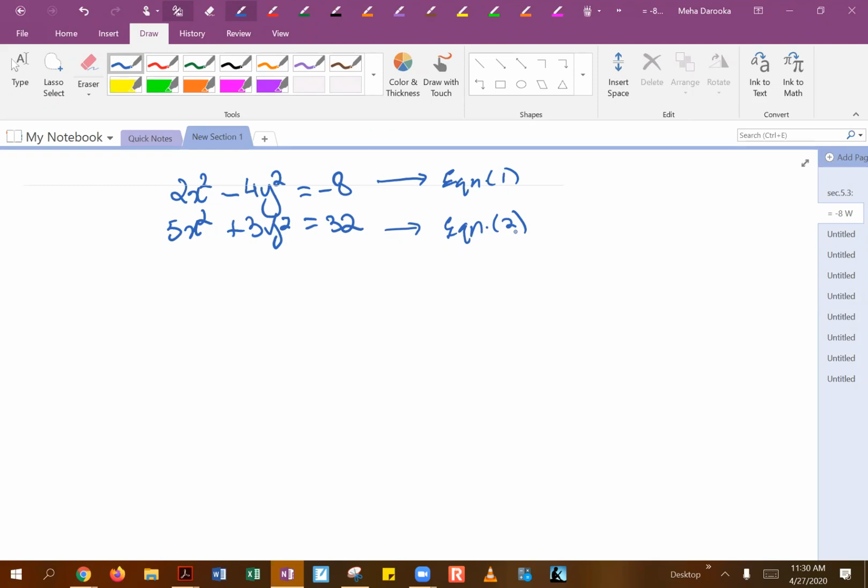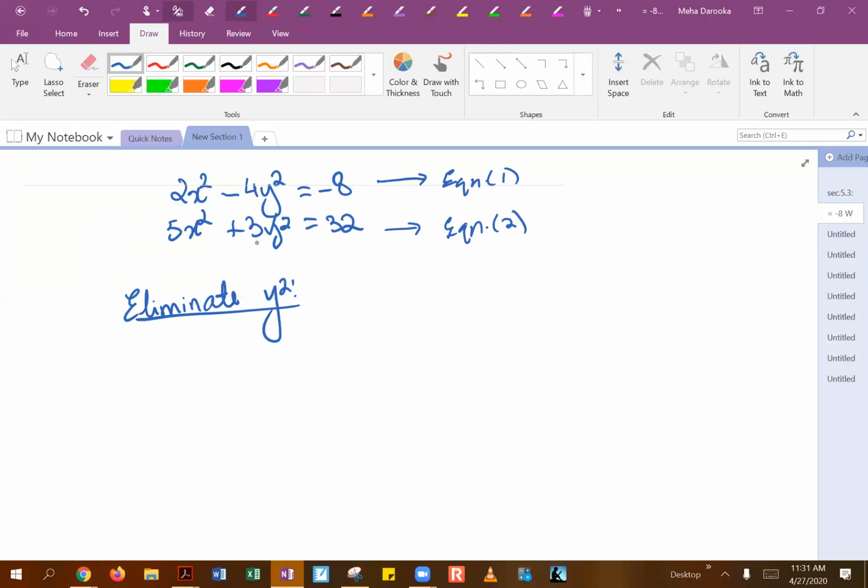Let's eliminate y squared. Okay, we are eliminating y squared. So that means our coefficients have to be opposites of each other. Now, y squared was a good choice because you already have the positive and the negative sign.